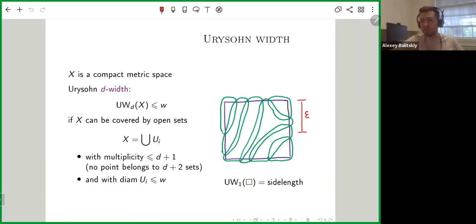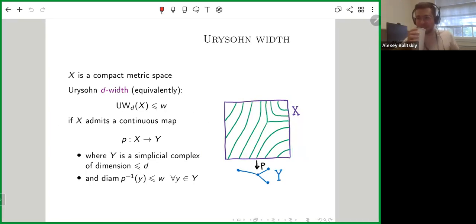In this example, by the theorem of Brouwer and Lebesgue that I mentioned, informally, one can prove that the first Urysohn width of the two-dimensional square equals its side length. Please ask me questions. Hopefully, okay, then I'm going to assume it was fine, maybe too trivial.